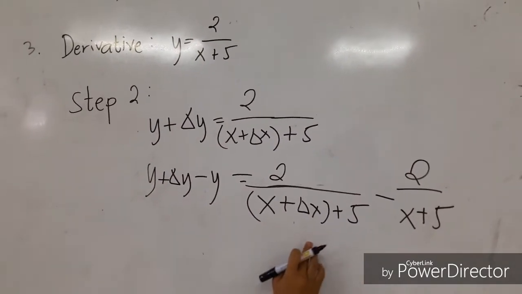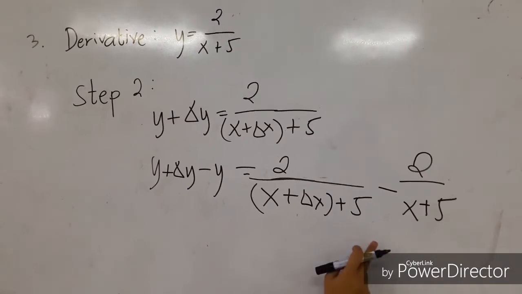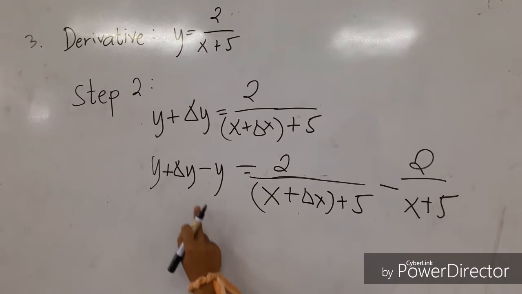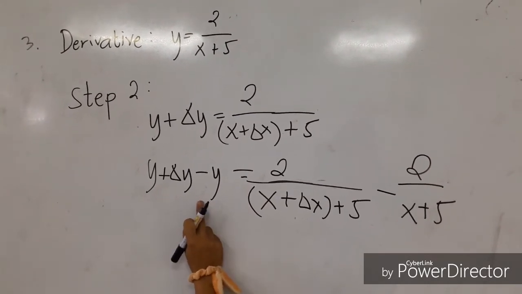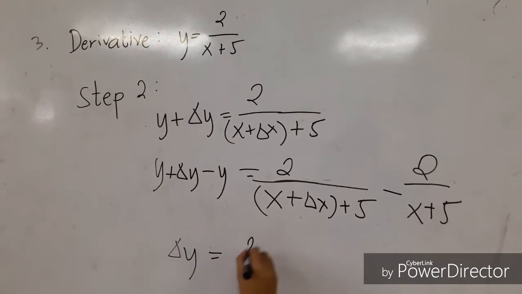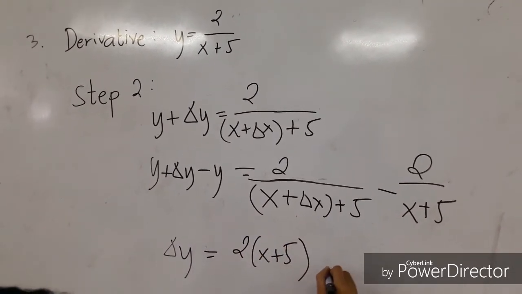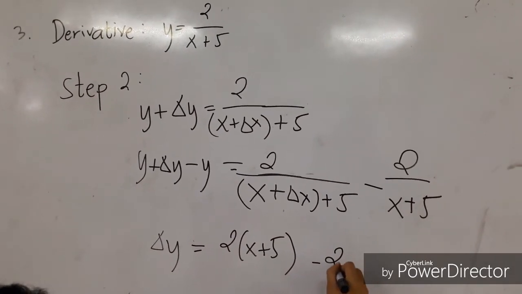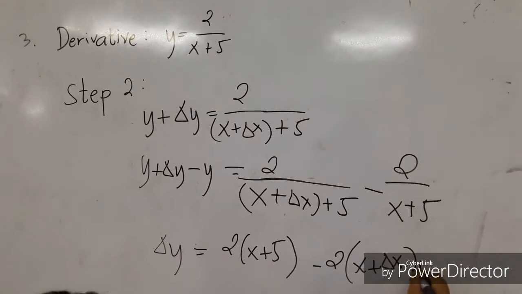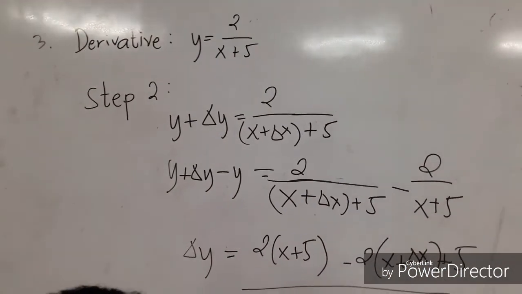Since it has different denominators, we cross multiply, then combine both denominators. So what will happen is, since it is subtracted by minus y, delta y equals 2(x plus 5) minus 2(x plus delta x plus 5) over both combined denominators.